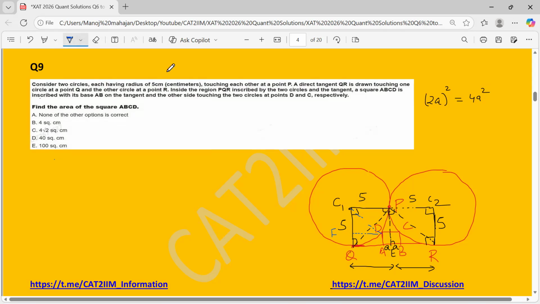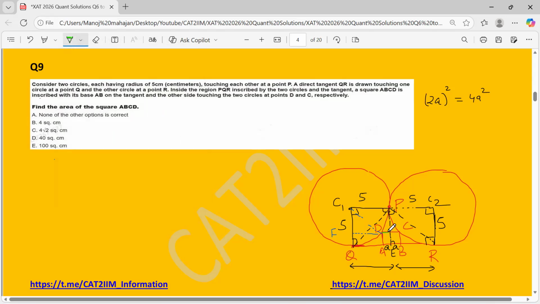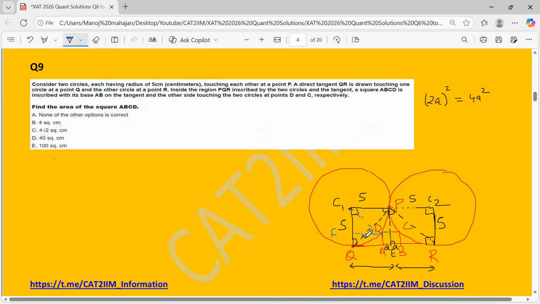If I subtract this much length, let me draw with a green color out here, which is A. So can I say this length, DF, would have been nothing but 5 minus A. So I'm just drawing the figure out here so it's easier for you. So we have this right angle triangle C1DF. So this comes out to be 5 minus A. This is the radius of the circle, which is 5.